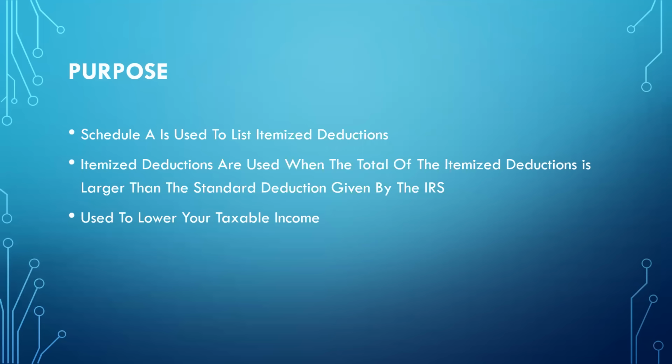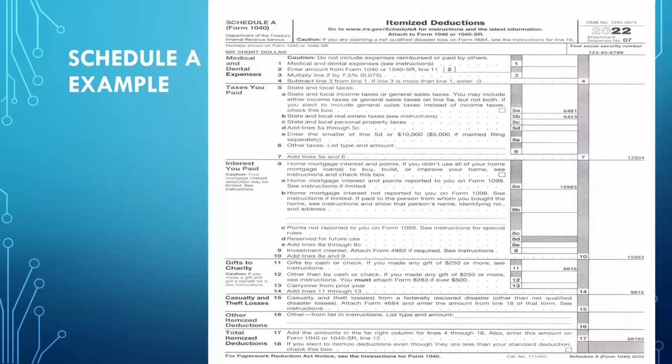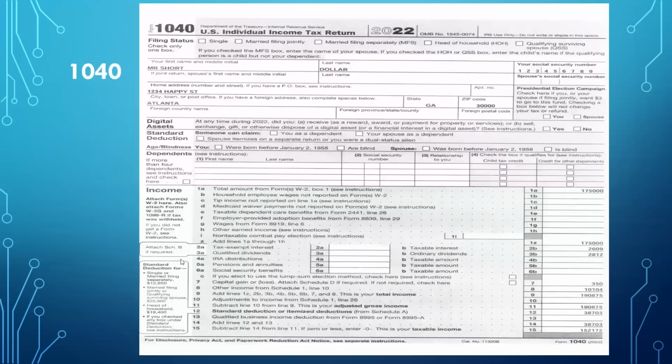Okay, what we'll look at right here first, if you see to your left, you see the standard deduction, that bottom left hand corner. Those total amounts: single and married filing separate, 12,950; married filing jointly, 25,900; head of household, 19,400.